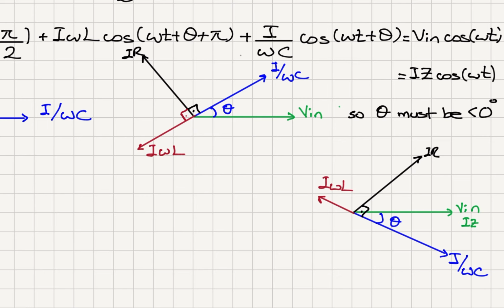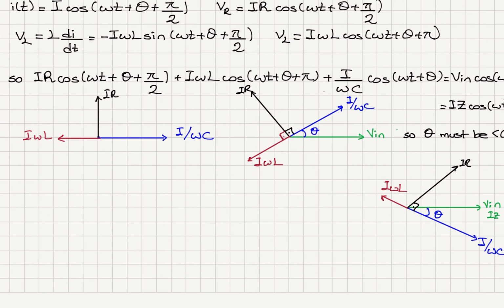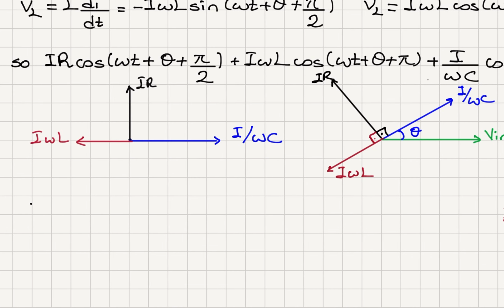Now, what is the corresponding impedance here? So 1 over omega c minus omega L and R would be the two sides. So I can find the impedance Z is equal to the square root of (omega L minus 1 over omega c) squared plus R squared.